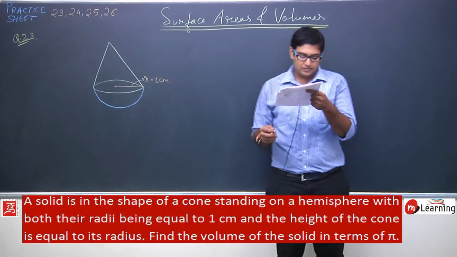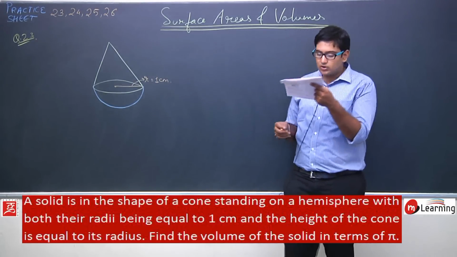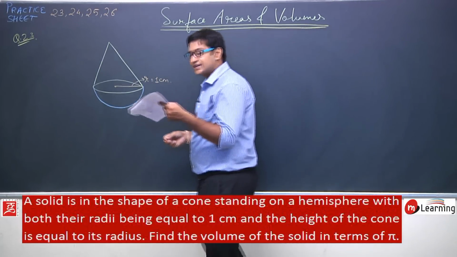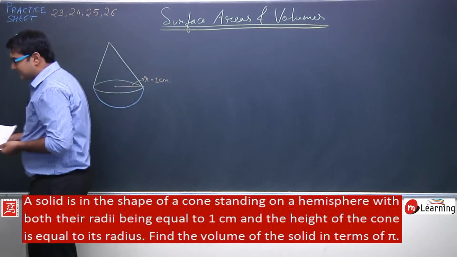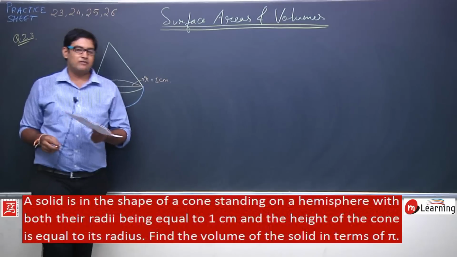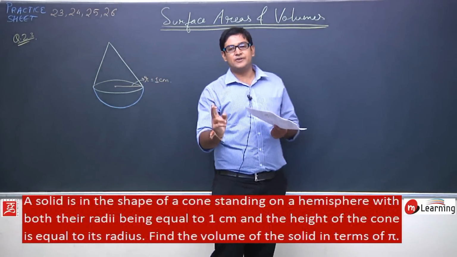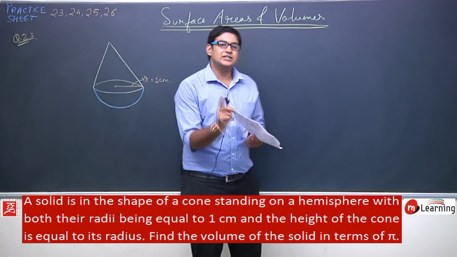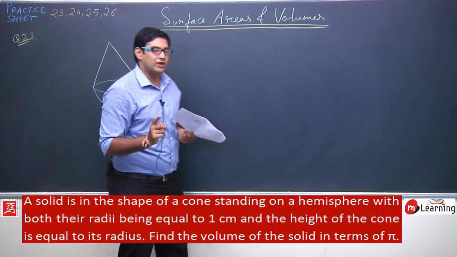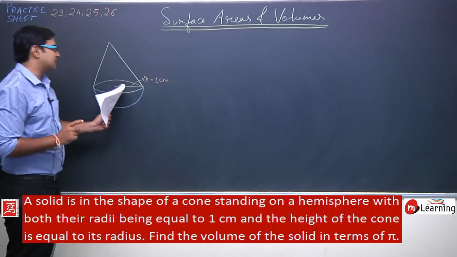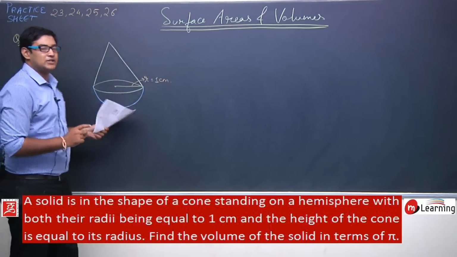Further it says, and the height of the cone is equal to its radius. So what is the radius of the cone? Here it is saying that the radii of both cone and hemisphere are equal. It means the radius of the cone is definitely 1 centimeters, same as the hemisphere.